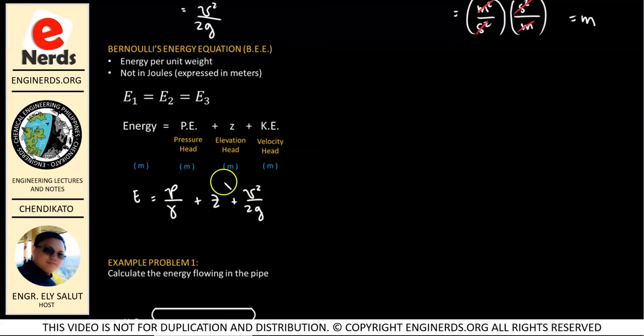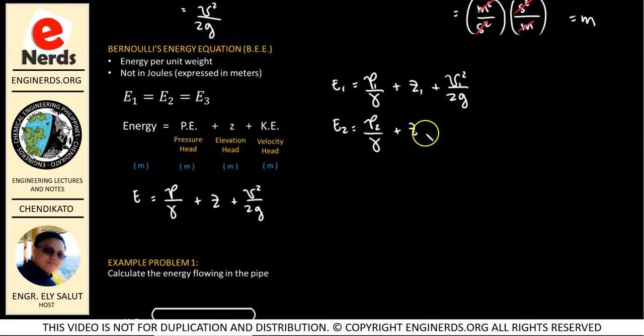Okay, so having this, it means that energy at point 1 is equal to pressure at point 1 over the unit weight plus the potential energy or elevation head at point 1 plus velocity at point 1 squared over 2G. While in point 2, the energy at point 2 is pressure at point 2 over the unit weight plus the elevation head at point 2 plus velocity 2 squared over 2G.